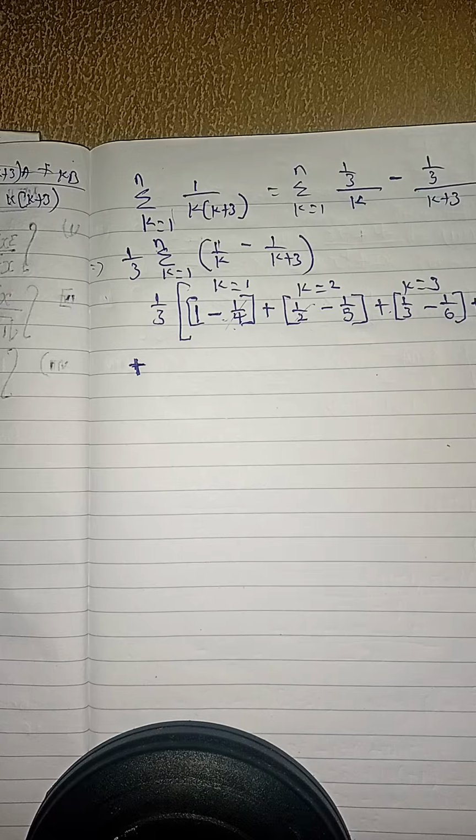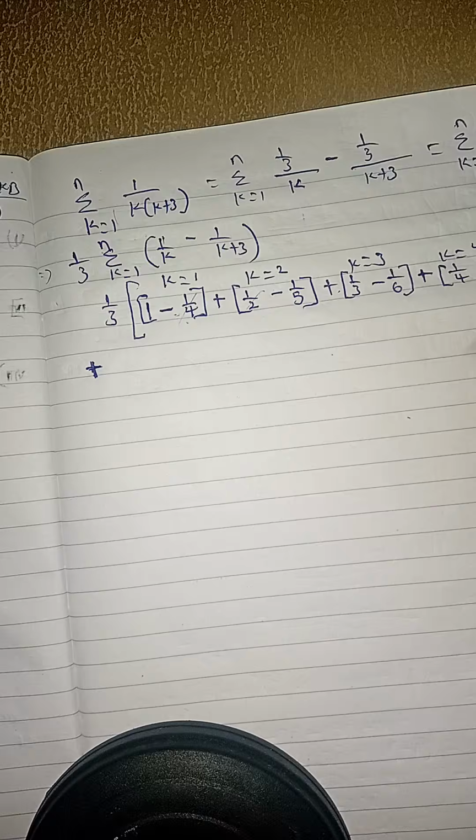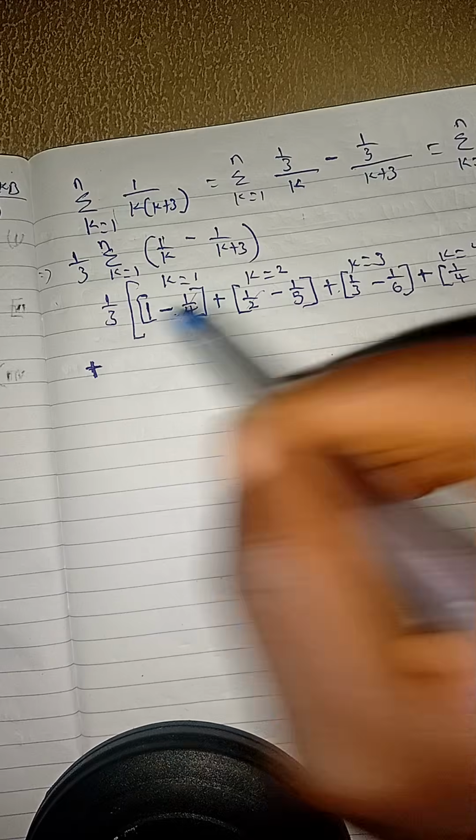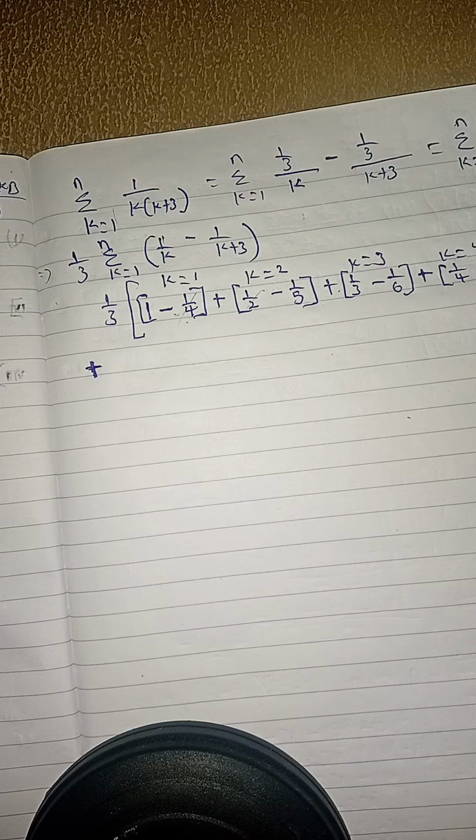Though if you understand the concept, you can jump to the last term, no problem. But always make sure that the amount of terms you show in the beginning, you show at the end too.